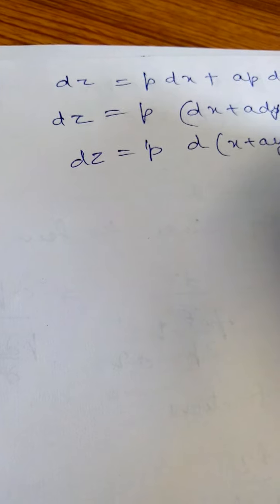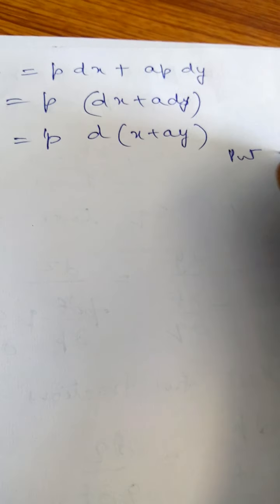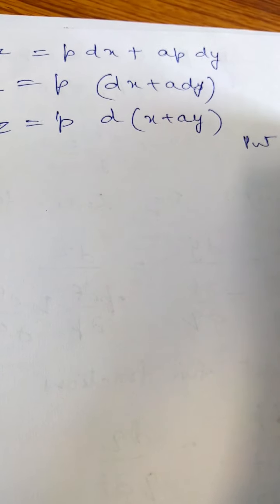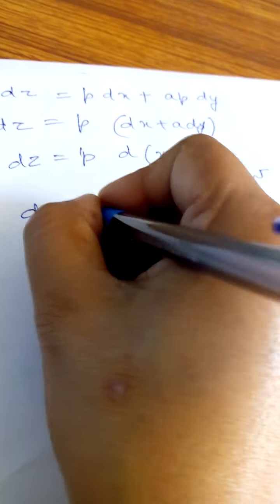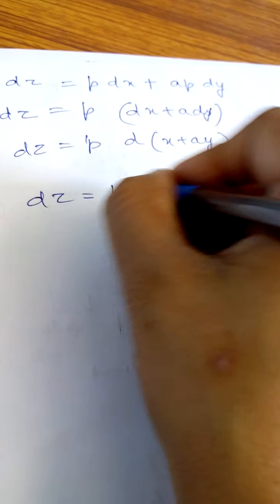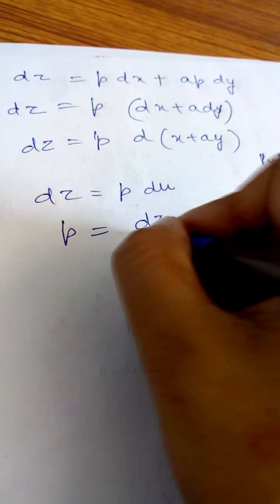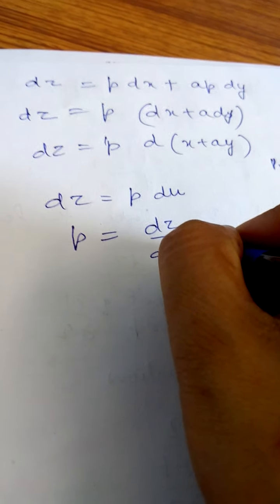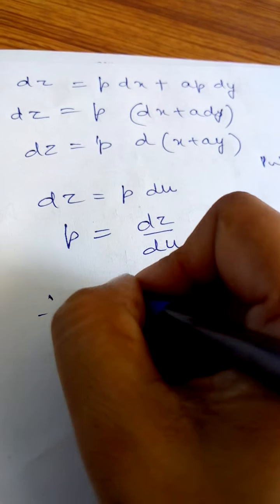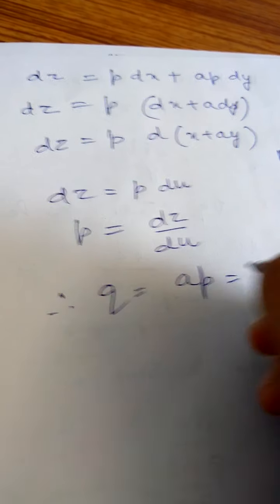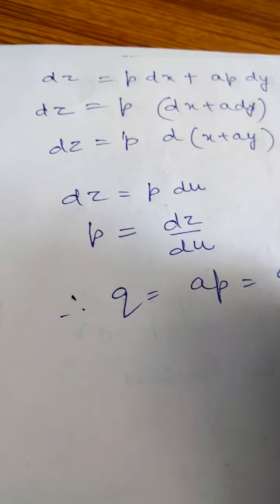Let us substitute x plus a y is equal to u. So dz is equal to p into du, or you can say that p is equal to dz by du. Similarly, q will be a into p, so it is a into dz by du.